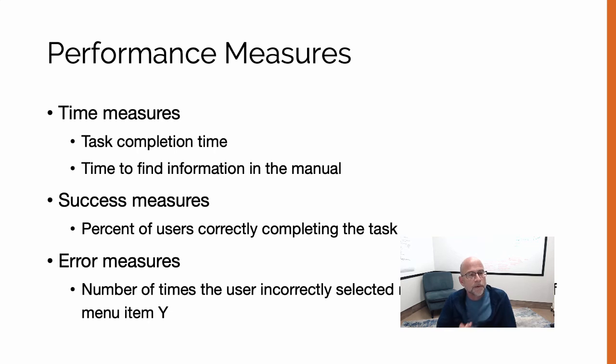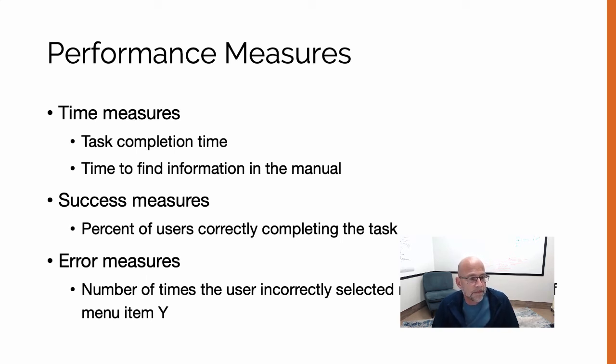There are also performance measures we want to keep track of. So remember, performance measures tell you how the participant is actually performing with your system, with your user interface. Some I mentioned before: task completion time would be one. These are time measures. Time to find information in the manual or locate information is a pretty important one.